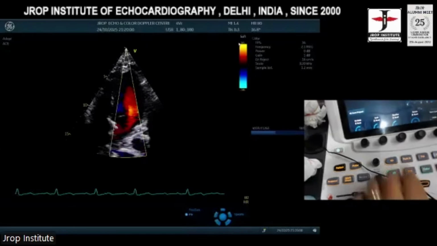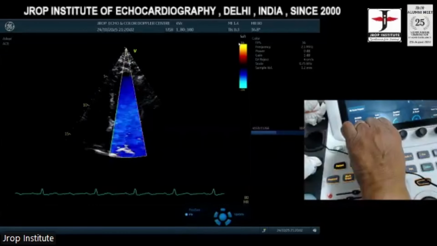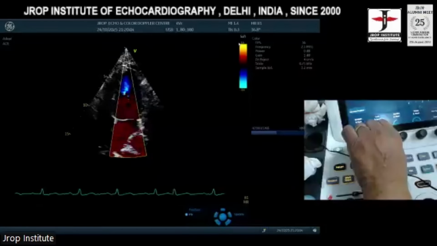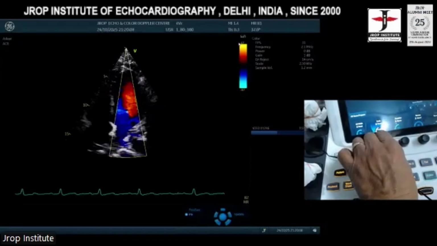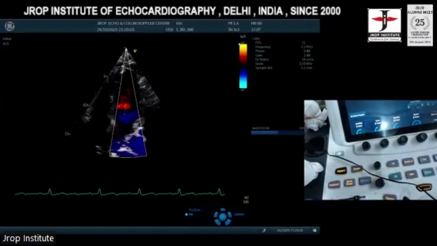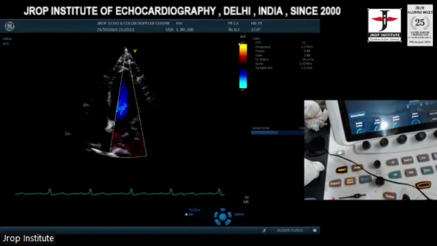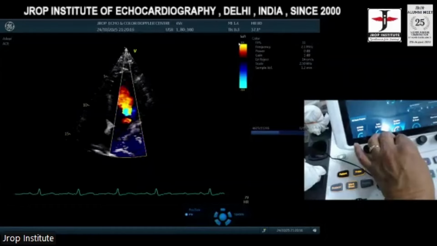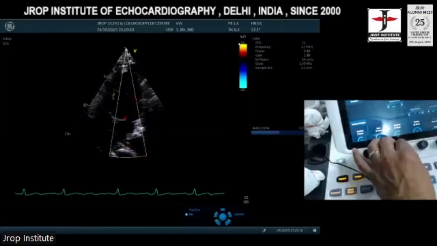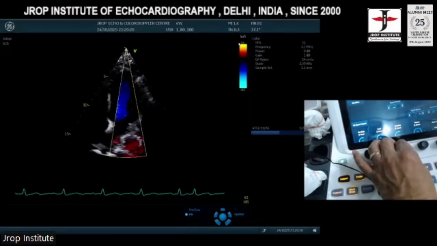Versus the color flow pattern in this one. The second important thing is that when we use this Nyquist limit during the PISA method and other things, we change the Nyquist limit towards the direction of flow. Now I've gone up 33, bottom 61.